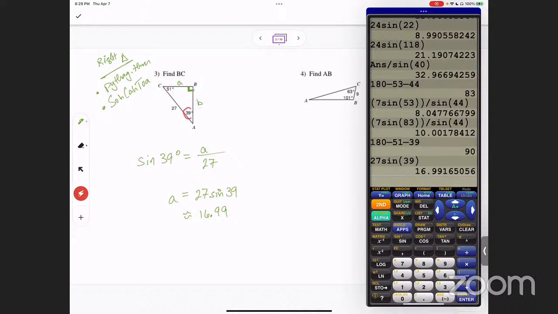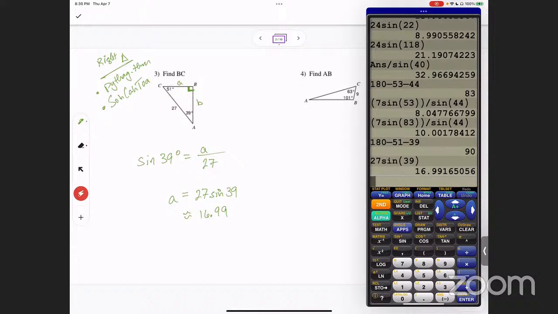Adjacent and opposite just depend on which angle you're looking at. If I'm looking at the 39-degree angle, the opposite is A and the adjacent is B. But if I'm looking at the 51, the opposite is B and the adjacent is A. So it depends on which one you're looking at.